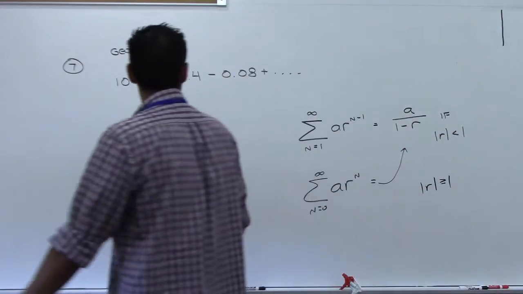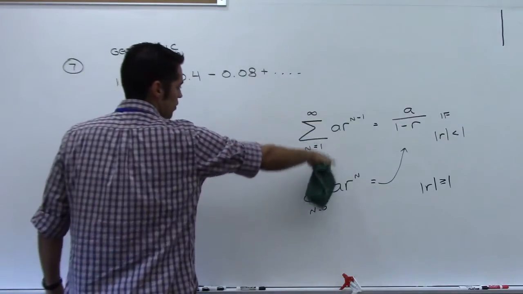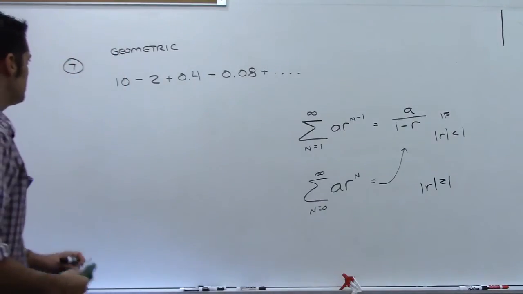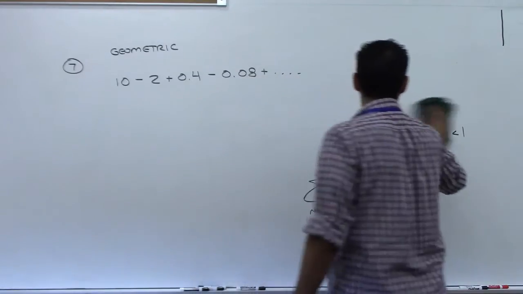All right, so what we need to do is figure out if we can get this to be written in this form. I'm going to work with that top one. So let me try and figure out what the terms of this series are.